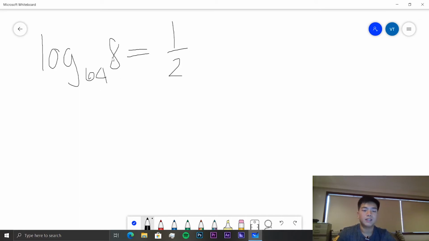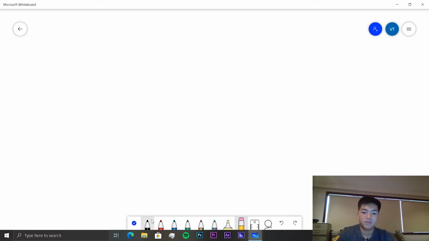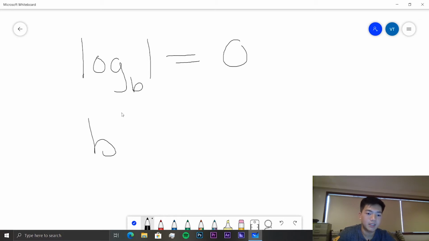So we remember that 64 to the power of 1/2 should be equal to 8, which is correct, of course. Next, we have log base m of n is equal to p. Oh sorry, this is the wrong one. We actually have log base b of 1 is equal to 0, and this is equivalent to saying b to the 0 is equal to 1.